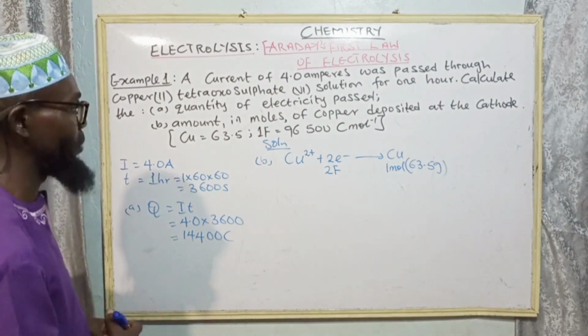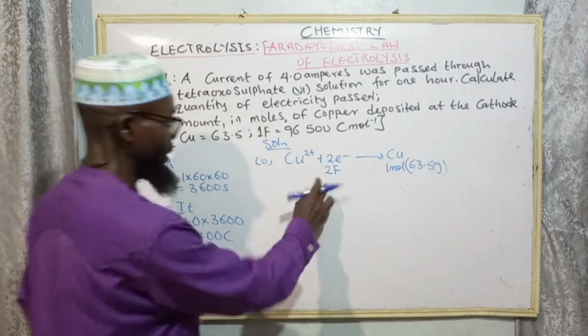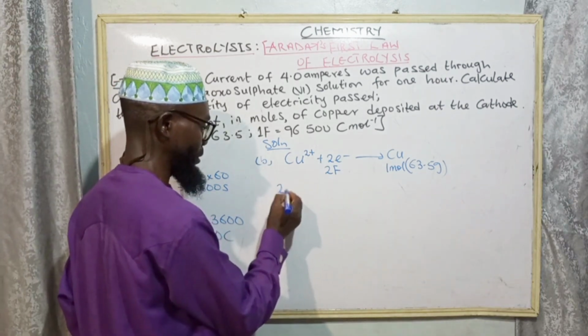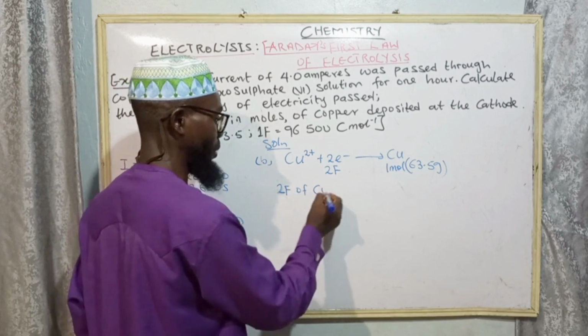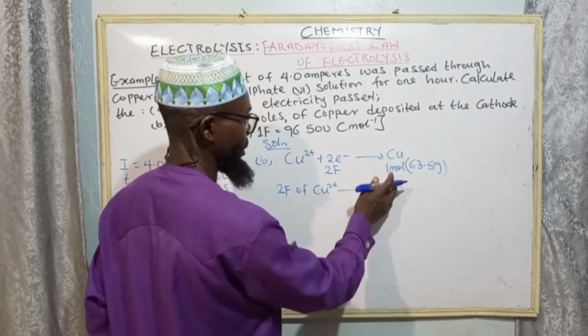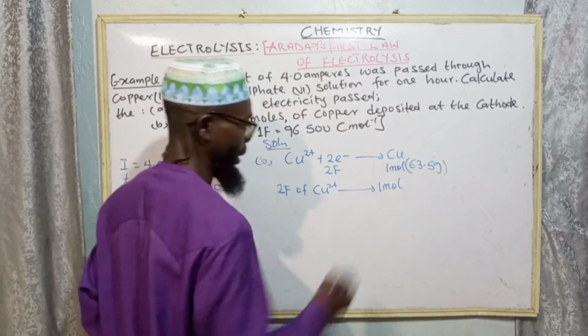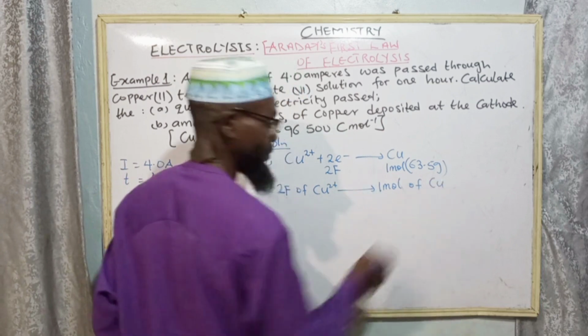But we were asked to find the amount in moles. From here, 2 Faradays of copper ion is depositing 1 mole of copper metal.